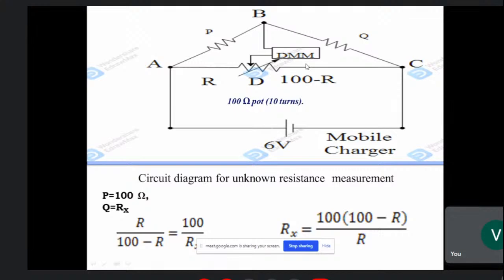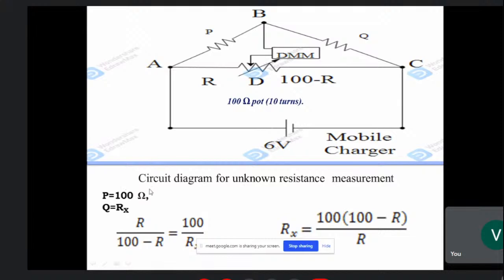Then we can measure the value of Q, expressed as Rx, the unknown resistance.